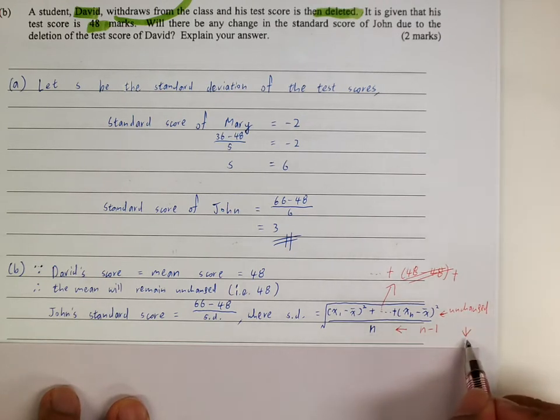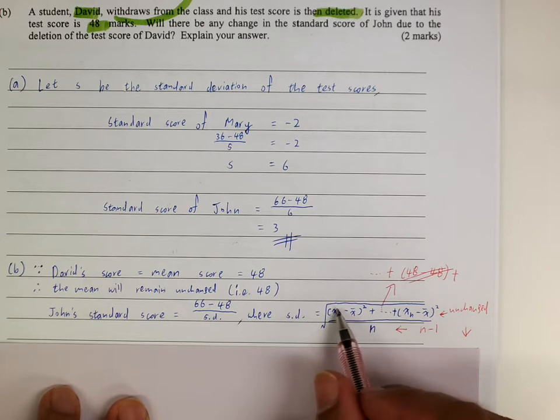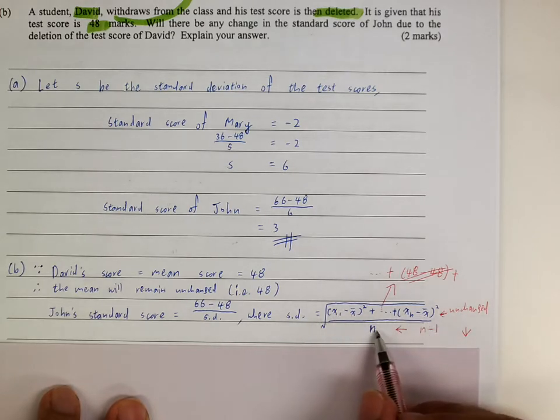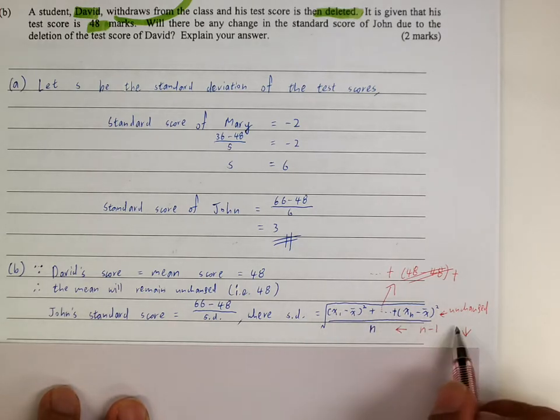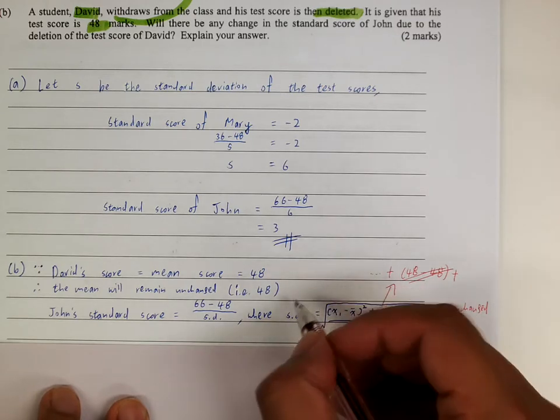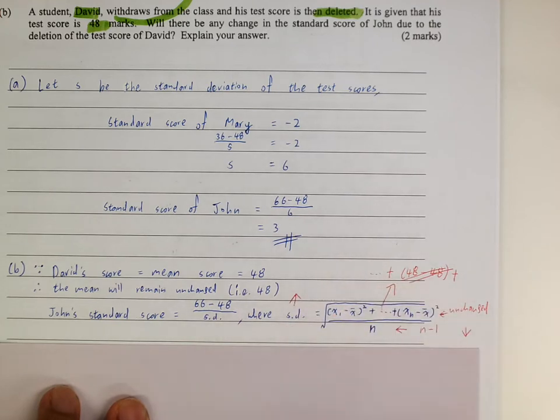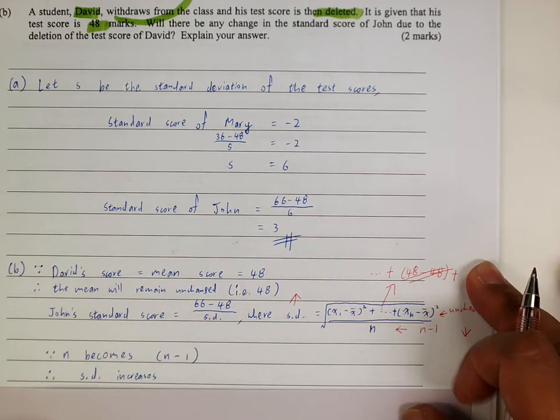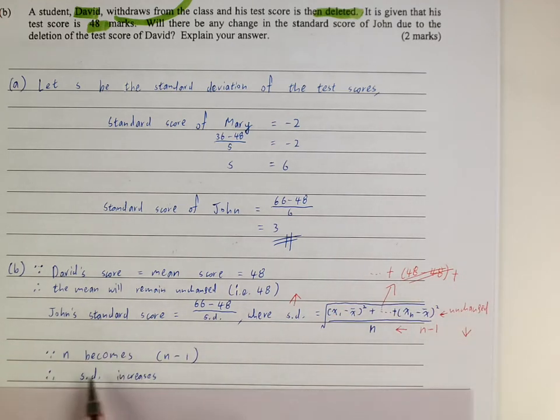If we divide by a smaller number, then the standard deviation will increase. That's the observation that we need to put down here. n becomes n minus 1, that's why the standard deviation will increase here.